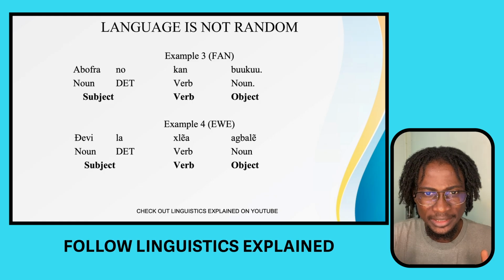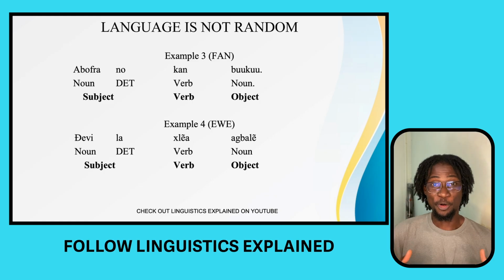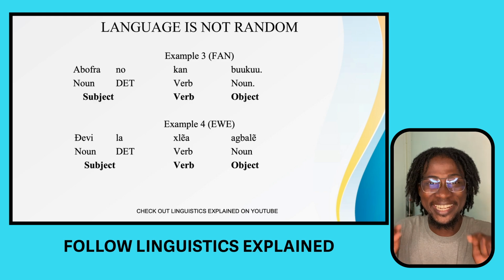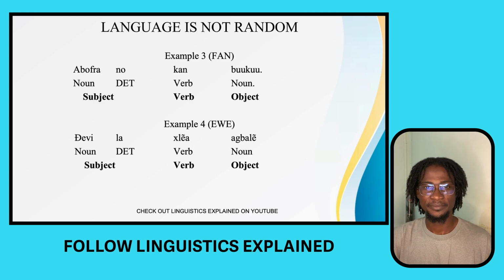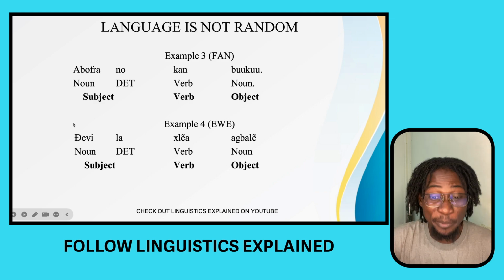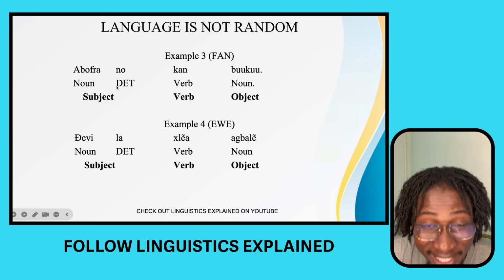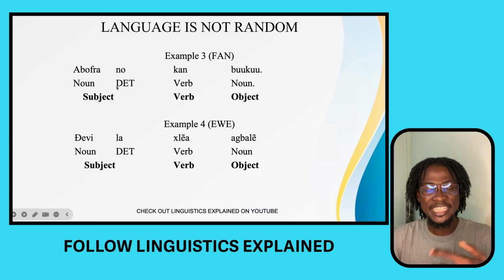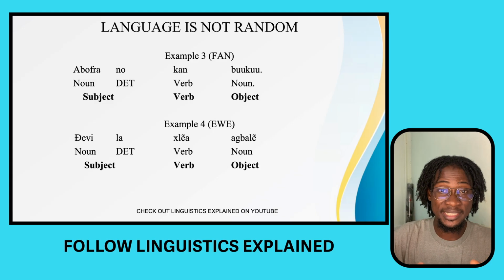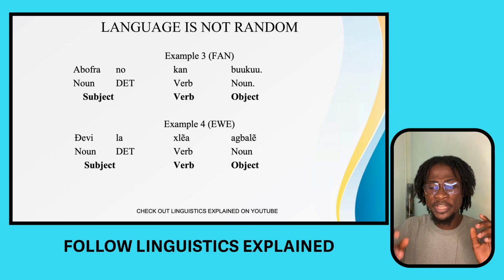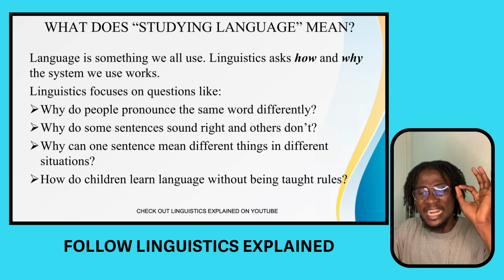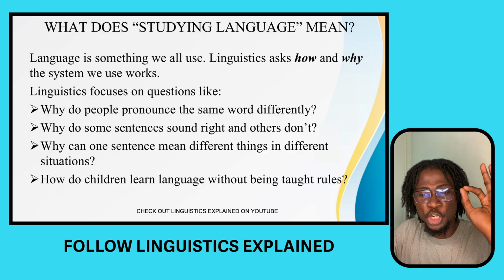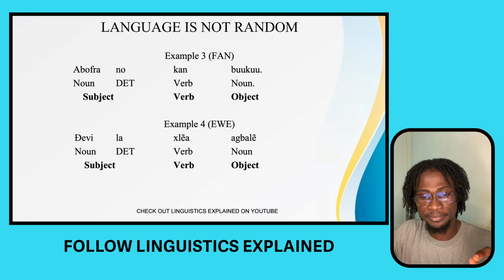What can you see to be different in this structure? The positioning of the determiner. You see, it changes based on the language that we are looking at. So we say that language is not random.